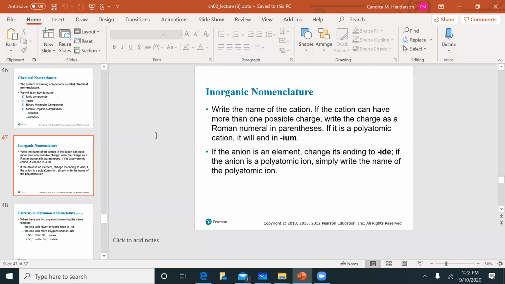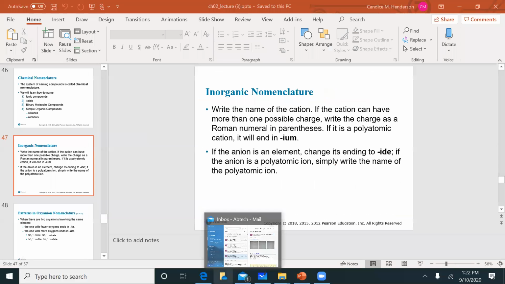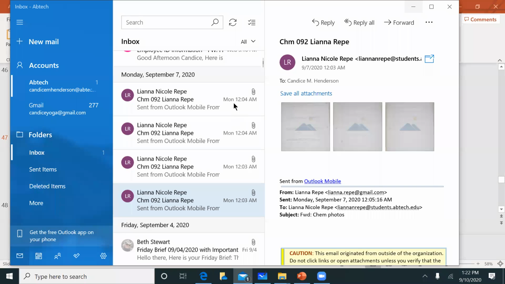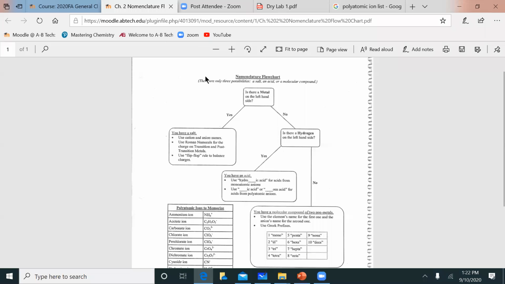So going back to that flow chart, if there's a metal, we can go in this direction. We've covered all this. If we happen to have two nonmetals, we're going to go to the right of the chart. And the next question we want to ask is, is there a hydrogen on the left-hand side?